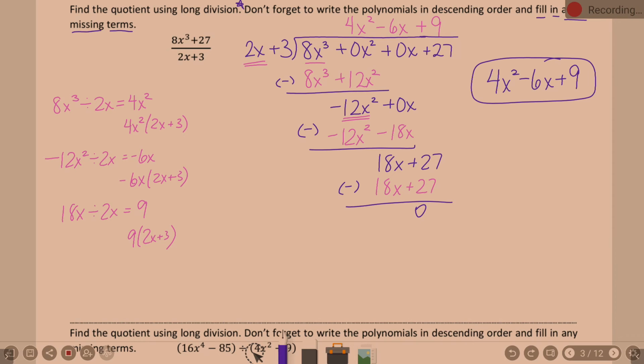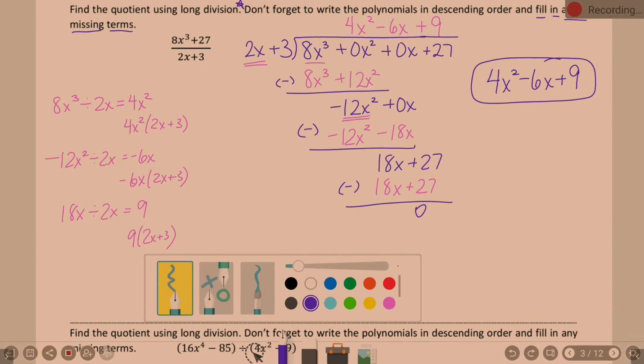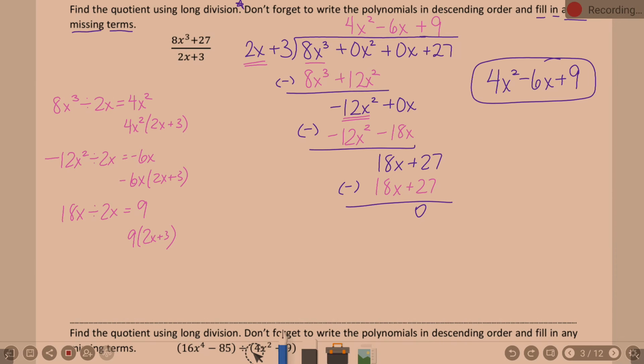Now, I have a note here on this problem. I have a feeling that means it comes up as part of a homework answer, if I had to guess. We have a remainder of 0, yes? And we'll talk about this more Monday when we talk about our synthetic division. But when you have a remainder of 0, this divided nicely, didn't it? And what it means is this factors.